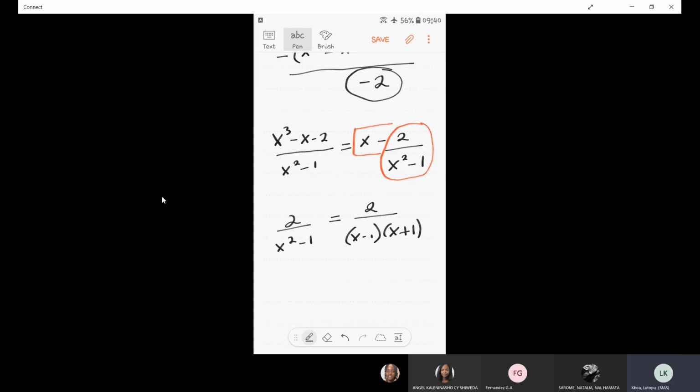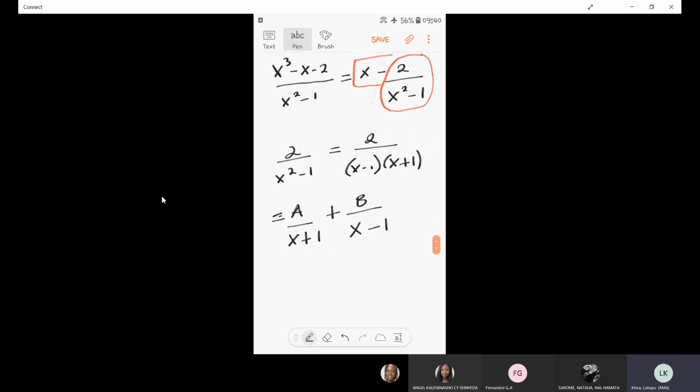This is equal to A over x minus 1, going too fast. Let me put it as A over x plus 1 plus B over x minus 1. Okay, so that's what I have.